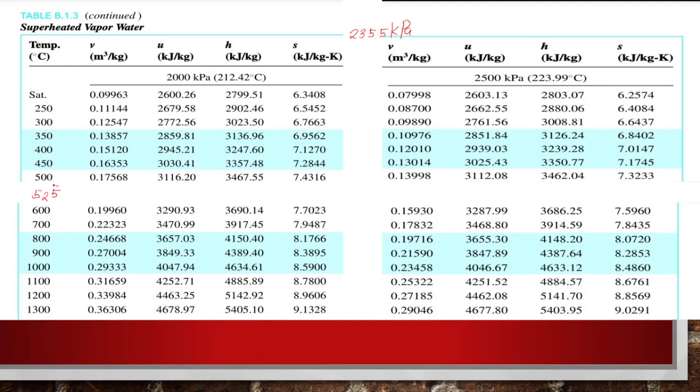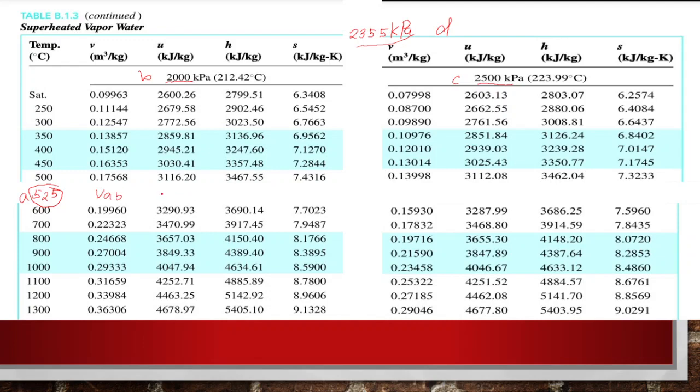For 525, we subscript it as A. For 2000 kilopascal, we have B. For 2500 kilopascal, we designate this as C. And for 2355 kilopascal, we designate this as D. Such that we designate specific volume at 525 degrees Celsius and at 2000 kilopascal as VAB.